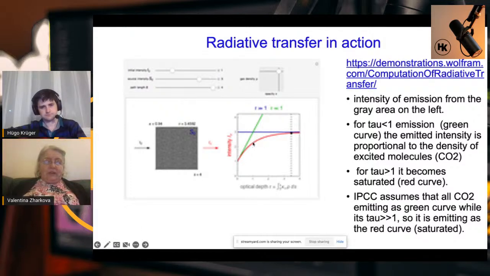The emission coming out of this gray box is saturated, and saturation comes at optical thickness 1. So basically we see only emission from the narrow layer on each side, and whatever happens inside we cannot see. It is like a football pitch with people standing on the field, and suddenly there is a fire.